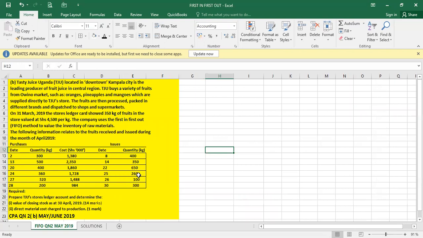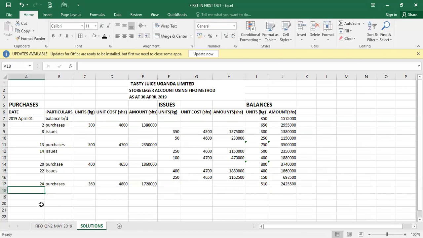We issued out 260 on 25th. These are issues. But this 260, remember, this fourth batch, we had remained with only 150.